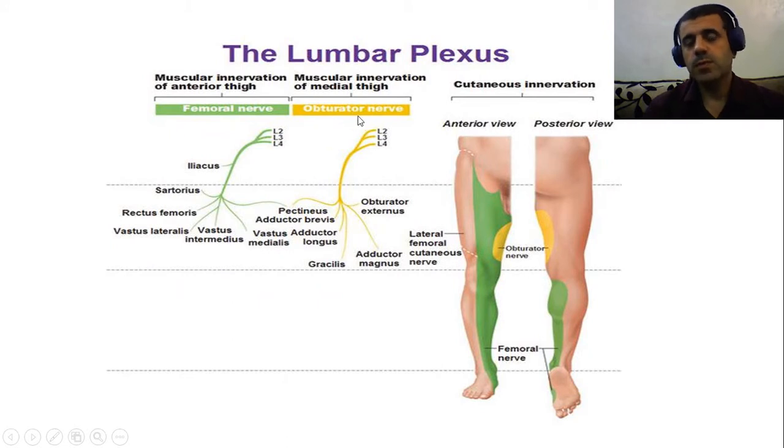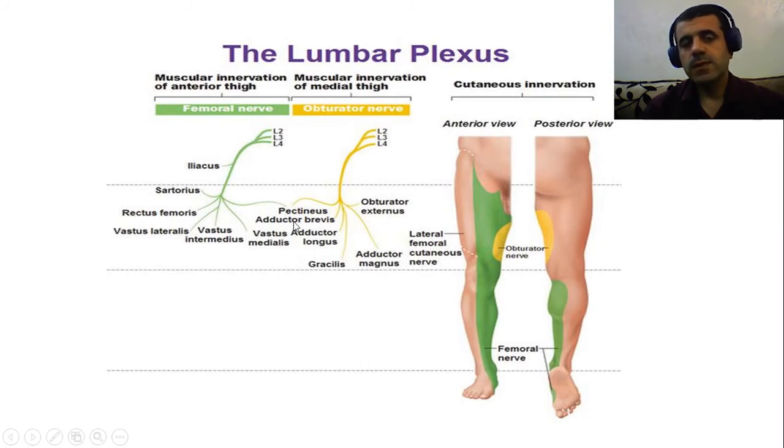Obturator nerve comes from the ventral rami or ventral branch of the L2, L3, L4 nerve roots, and they form obturator nerve. They supply obturator externus, adductor magnus, gracilis, adductor longus, and adductor brevis.